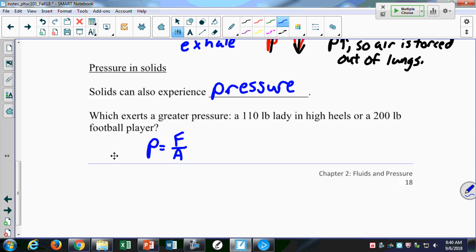So if I have a 110-pound lady in high heels, I have 110 pounds over a small area, maybe 0.5 square inches. Then the force on the tip of the high heel is 220 pounds. Isn't that crazy?